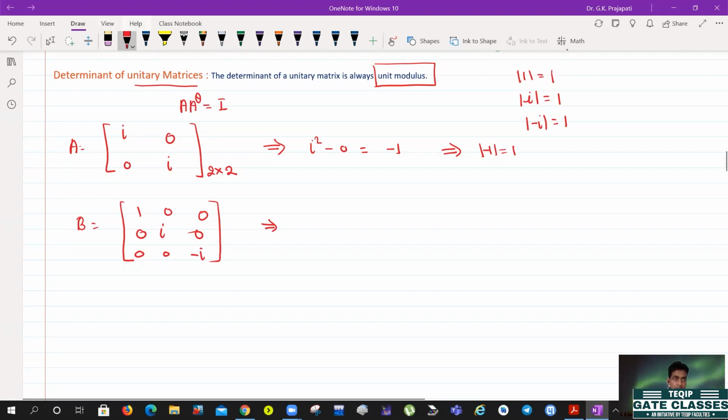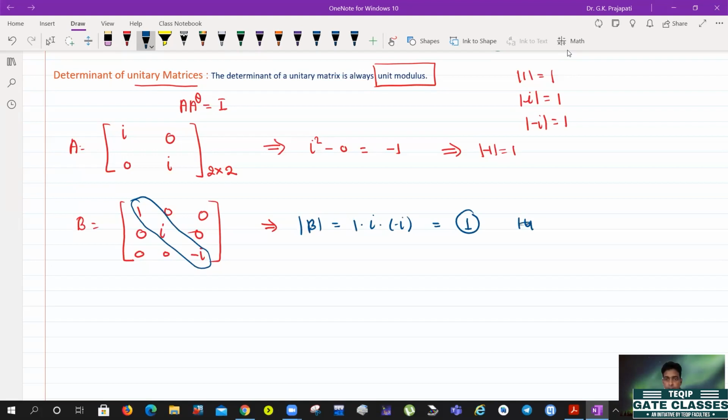Since it is a diagonal matrix, we know that the determinant of a diagonal matrix is the product of its diagonal elements, meaning 1 into i into minus i, and it will be 1. So again, this is a unit modulus. So we can say that the determinant of a unitary matrix will be of unit modulus.